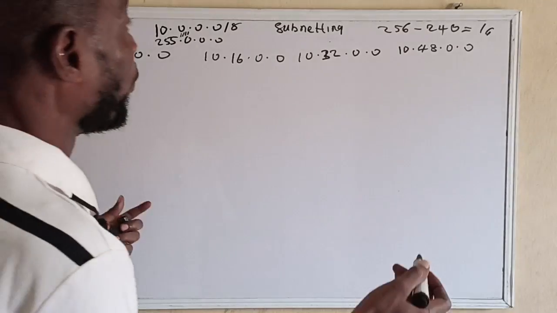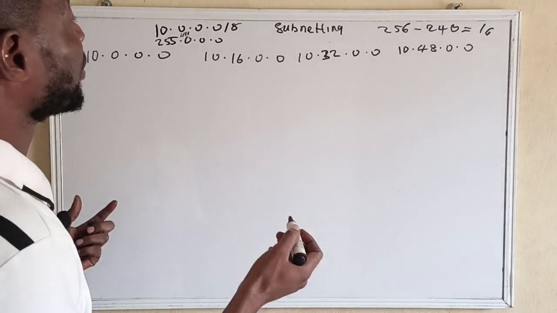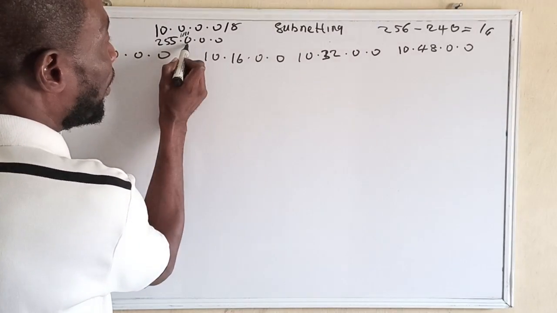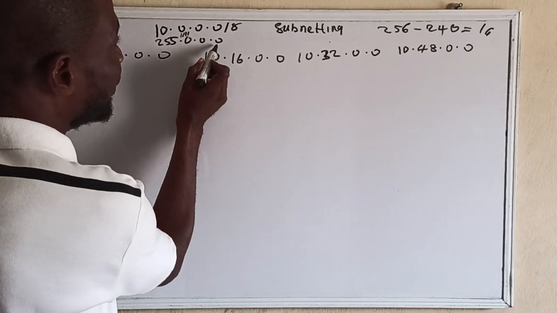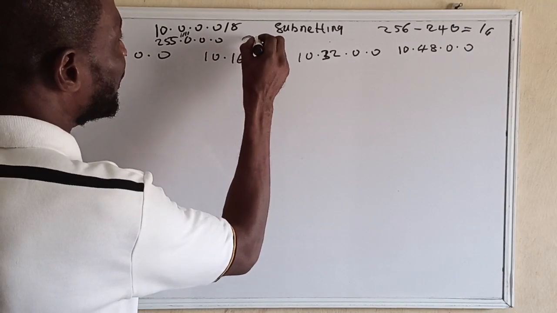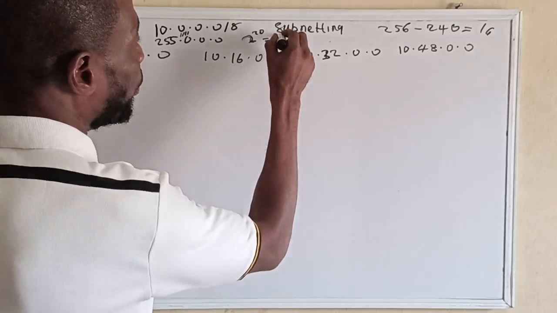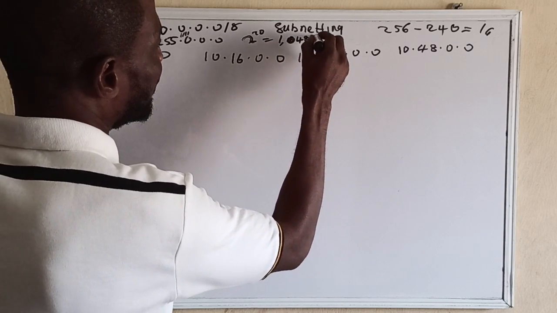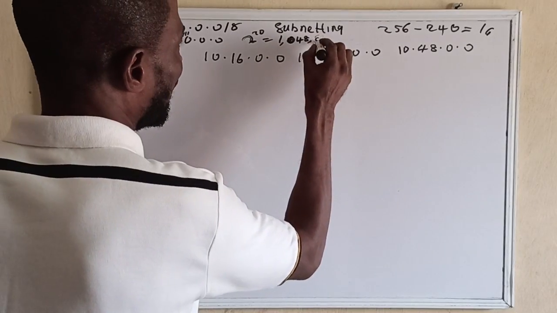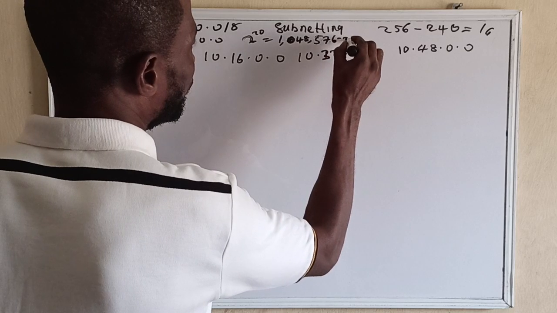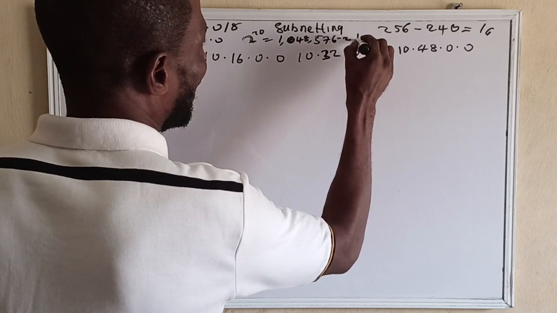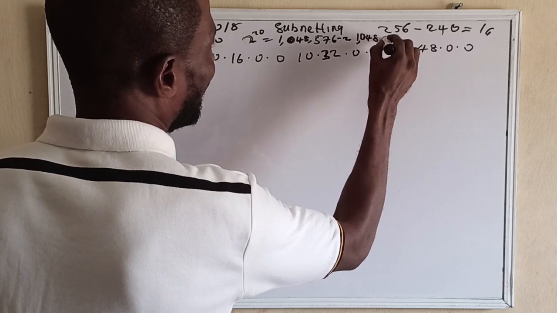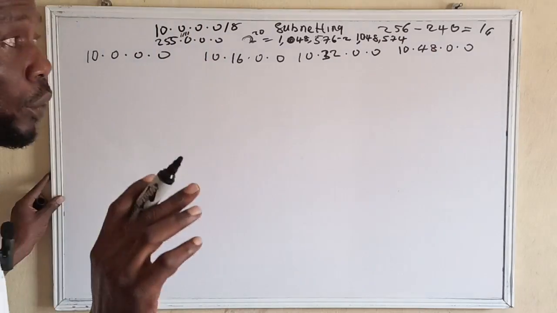Now what is left? Remember, 4 host bits remain here. 4 plus 8 is 12, 12 plus 8 is 20. 2 to the power of 20 equals 1,048,576, minus 2, which gives you 1,048,574 valid hosts on each one.